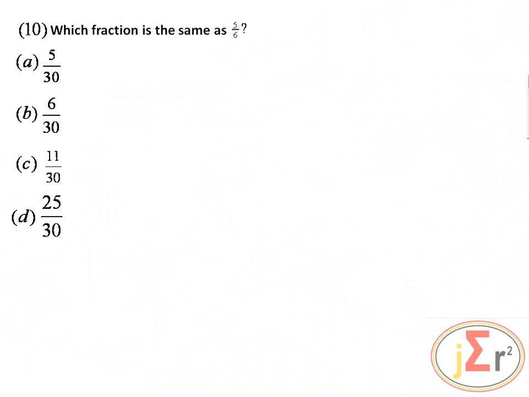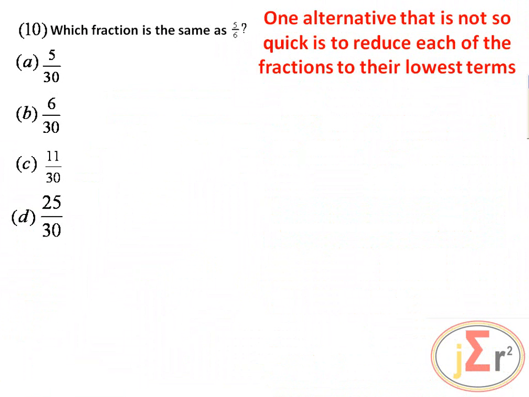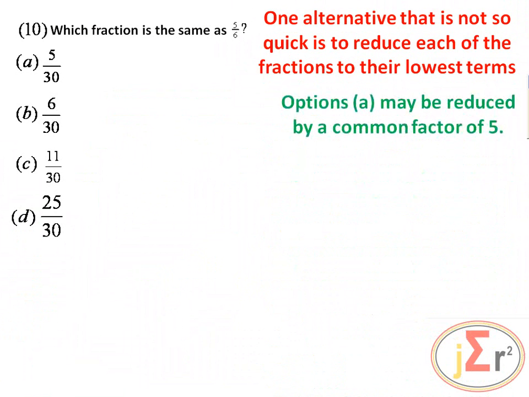Right. What fraction is the same as 5/6? We are doing some more investigation, so we are dabbling a bit with mathematical principles. One alternative that is not so quick is to reduce each of the fractions to their lowest terms.